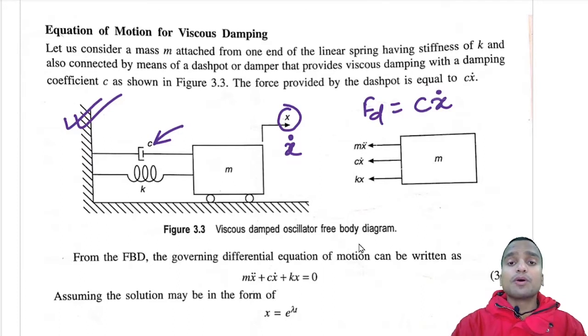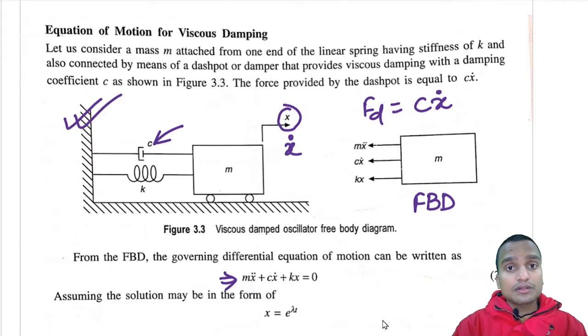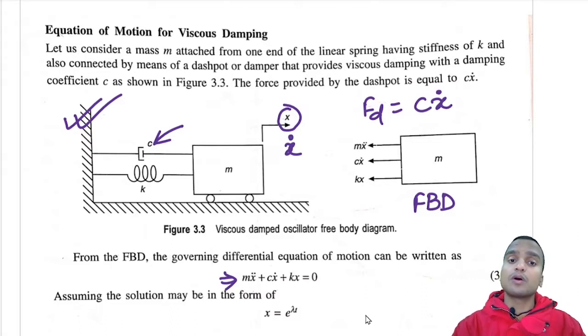Now if we draw the FBD and apply, by D'Alembert's principle, an imaginary force of magnitude m x double dot, that is mass into acceleration, then on applying equilibrium of forces on this FBD, we can derive the governing differential equation of motion as m x double dot plus c x dot plus k x equal to 0. Why 0? Because this is a free vibration, there is no external force on the dynamic system.